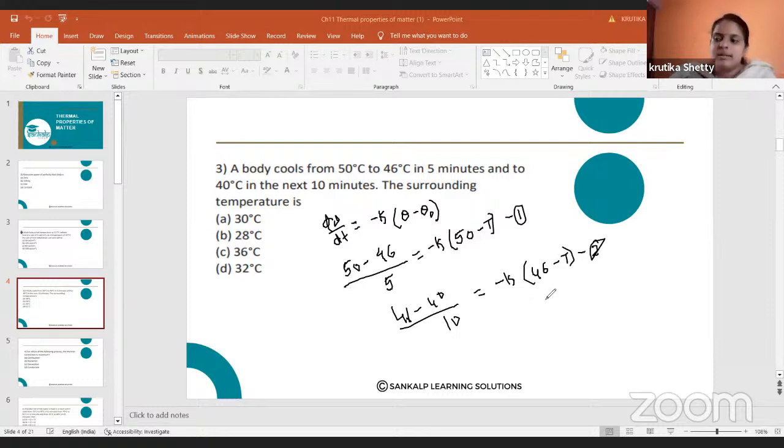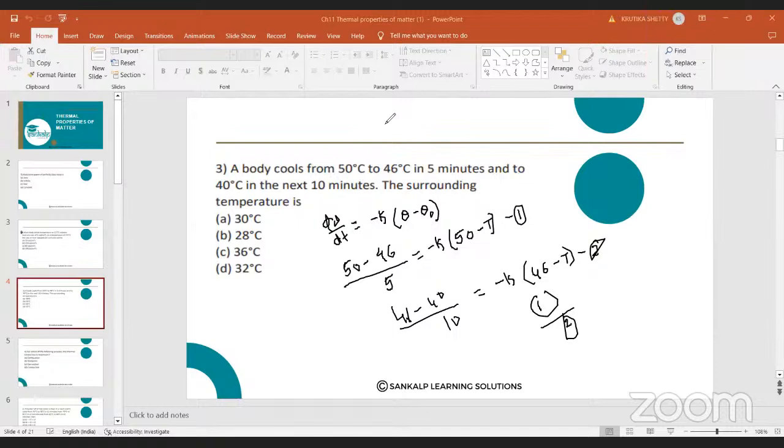So simplify equations 1 and 2: do equation 1 divided by equation 2. K cancels, then simplify t. Try and tell me what is the answer. A, B, C, D. What are you getting? Option A, exactly, 30.